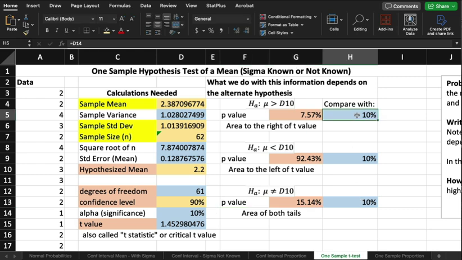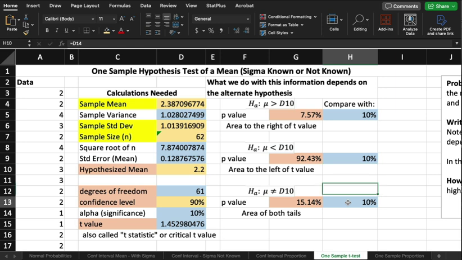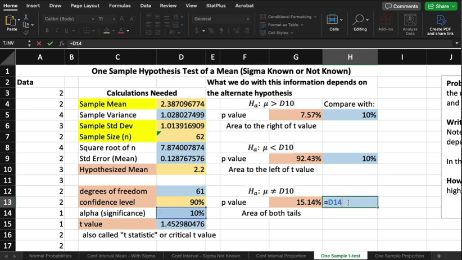Then just copy in column H here, just so that we have a visual, copy your significance level. So these are all the same formula. In H5, it's equals D14. In H9, it's equals D14. And in H13, it's equals D14.